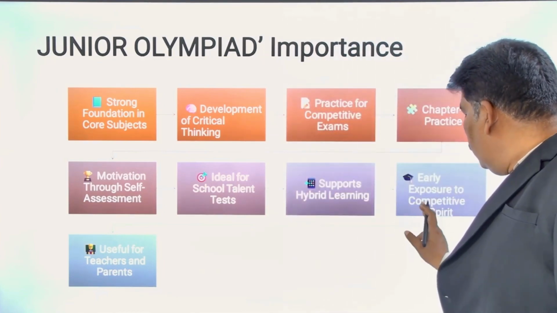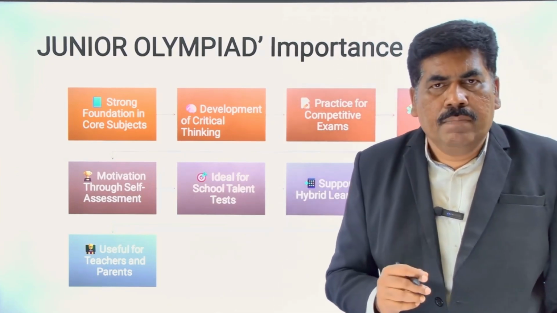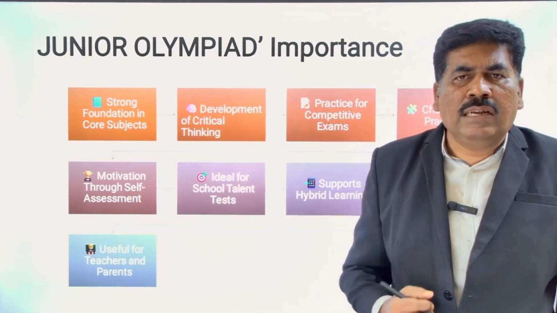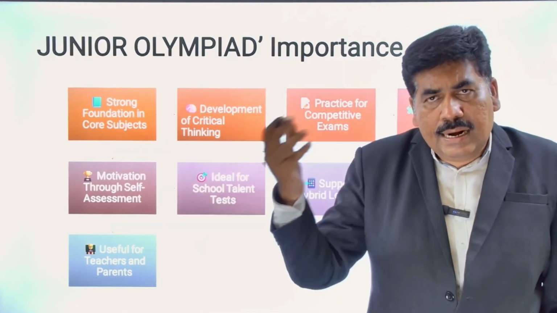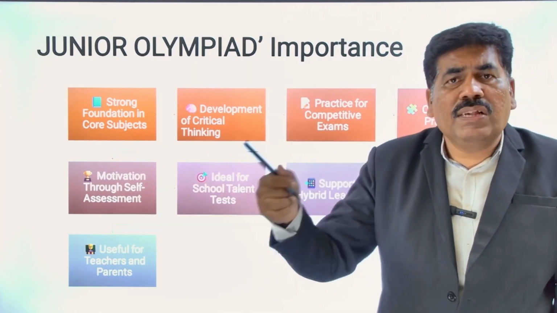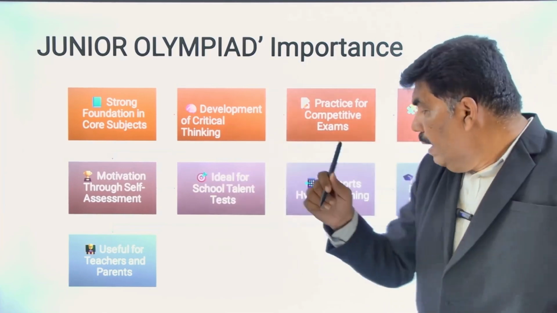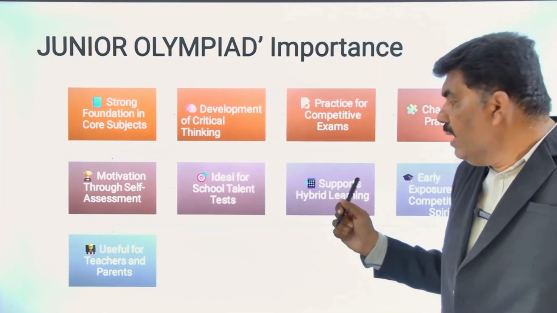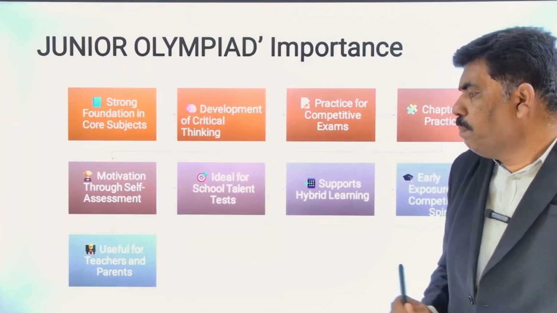Next, they will get early exposure to competitive spirit by attempting so many kinds of our exams or any other Olympiad exam. They will get early exposure to how the competition is and what the standard of the question paper will be. They will get a full idea of all the competitive aspects.